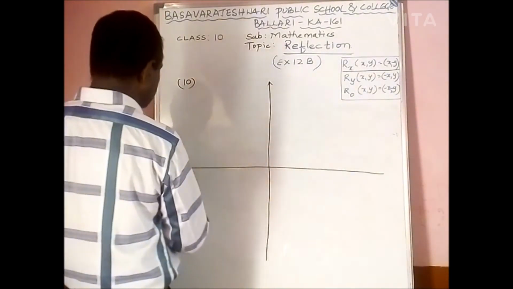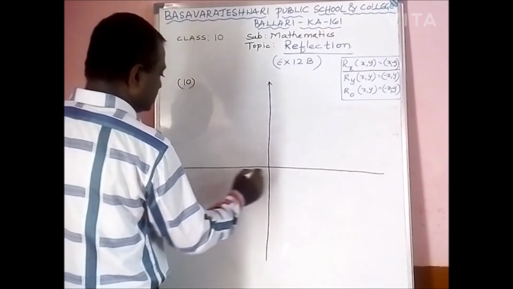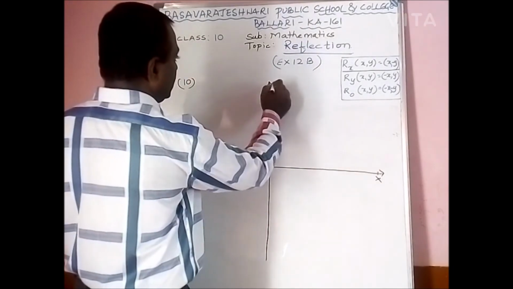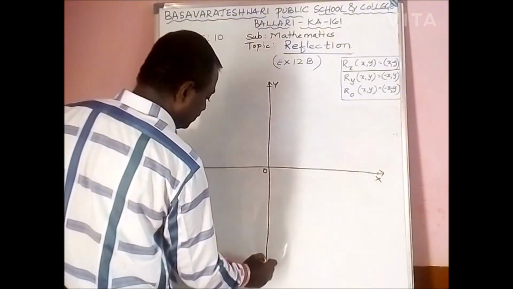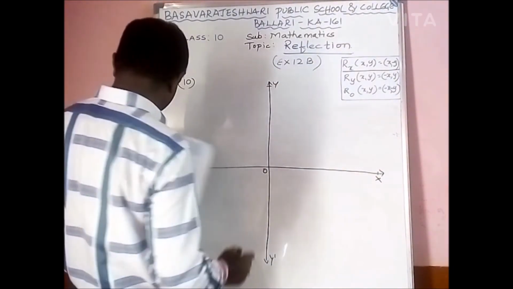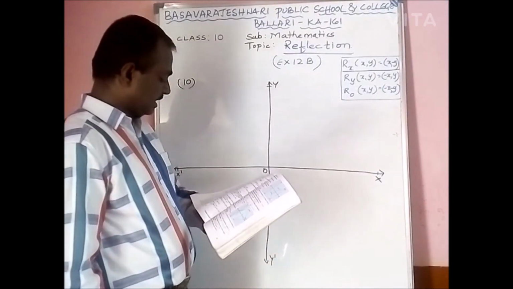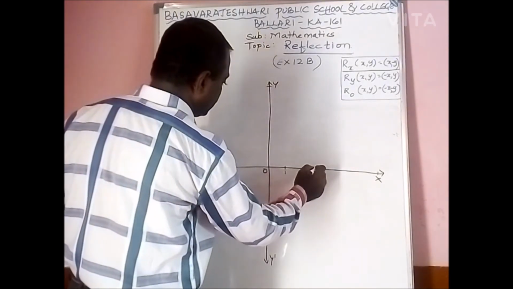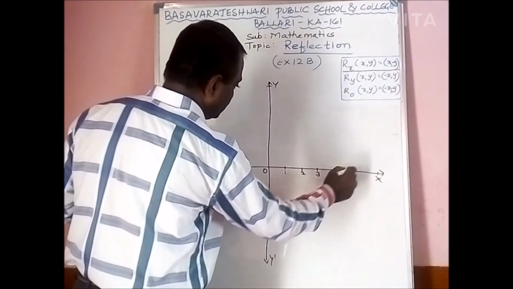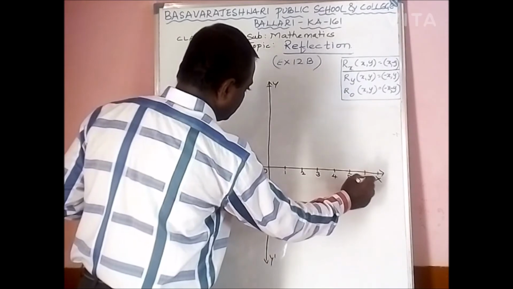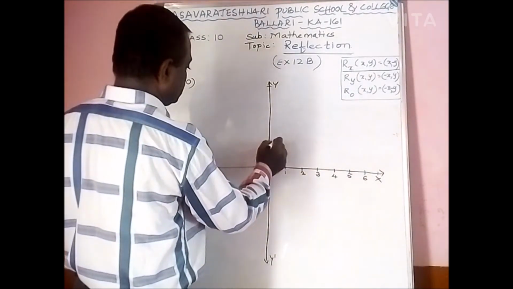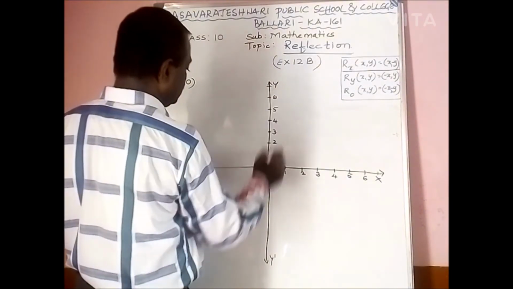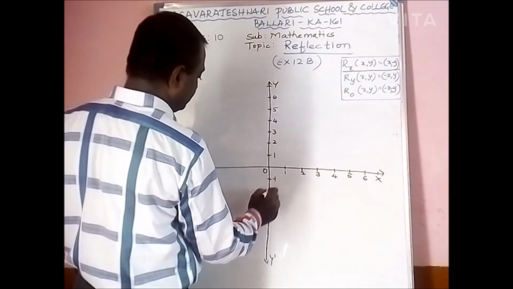This is x dash, origin, x, y, o, y dash. Here they have not mentioned any scale, isn't it? So we can take our own scale. We can take 1 centimeter is equal to 1 unit also, or 2 centimeter is equal to 1 unit also. It is your choice. If they mention scale, then you have to use the scale.